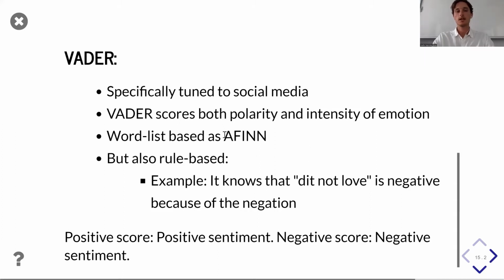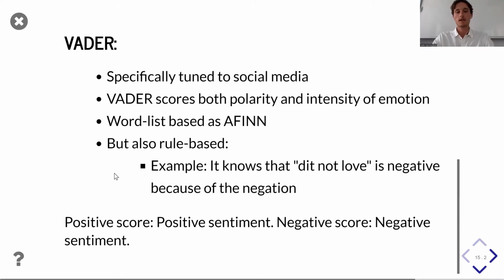And Afin actually doesn't look for something like this. So Vader is a bit more smart here. So in the end, it compares all the words in the text with the Vader dictionary. And if you get a positive score, then it predicts a positive sentiment. And if you get a negative score, then it predicts a negative sentiment in the text.